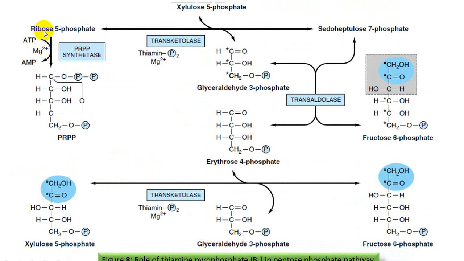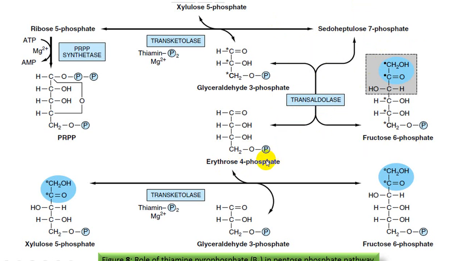Here, ribose 5-phosphate or xylulose 5-phosphate, in the presence of transketolase and B1 in addition to magnesium 2+ as a coenzyme for the transketolase, gives glyceraldehyde 3-phosphate, which has 3 carbon atoms with the phosphate on carbon number 3, and sedoheptulose 7-phosphate, which consists of 7 carbon atoms. These two compounds, in the presence of transaldolase, give fructose 6-phosphate and erythrose 4-phosphate.